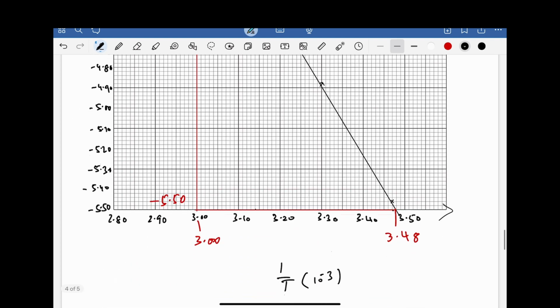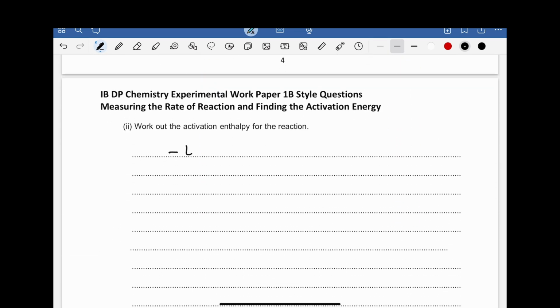So the gradient we need to find first. Minus Ea over R will be equal to the gradient, and gradient will be equal to delta y over delta x, which is y2 minus y1 over x2 minus x1.